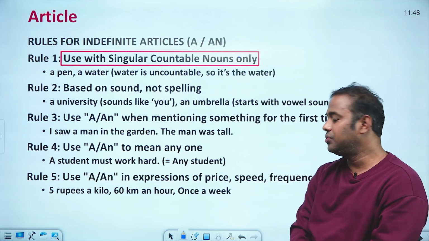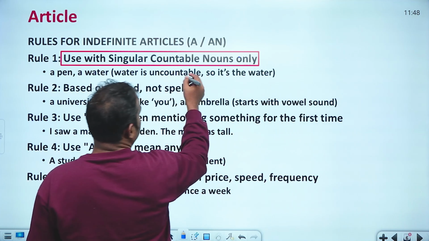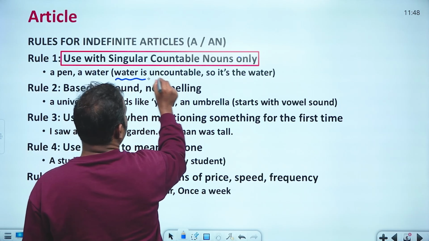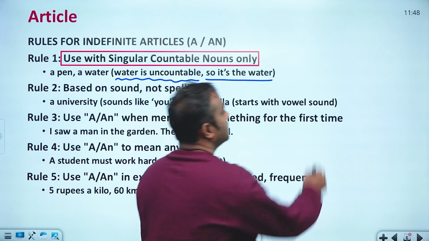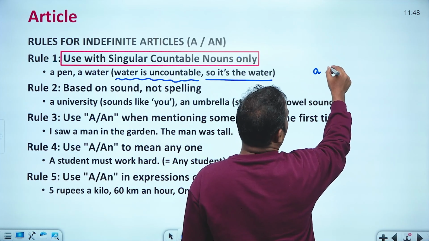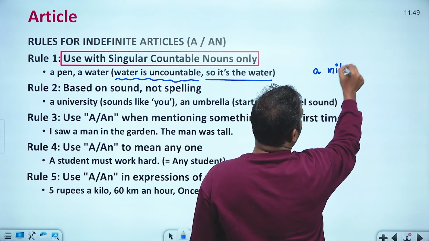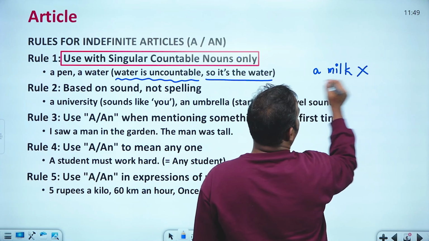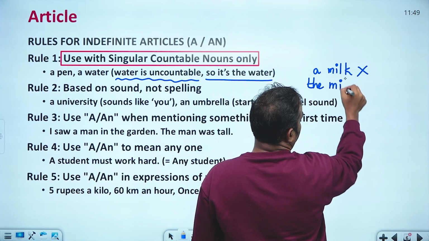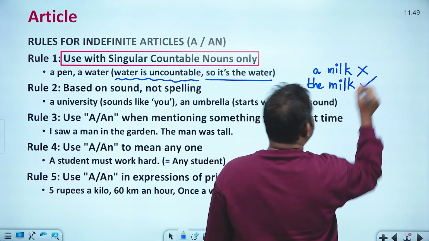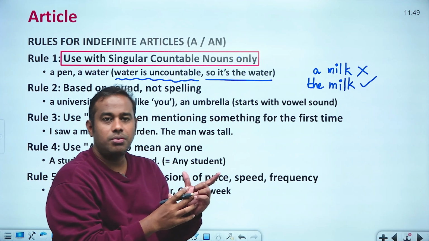You cannot use a where something is uncountable. For example, you can't say "I want a milk." It's wrong, because milk is a liquid, so you cannot count it.